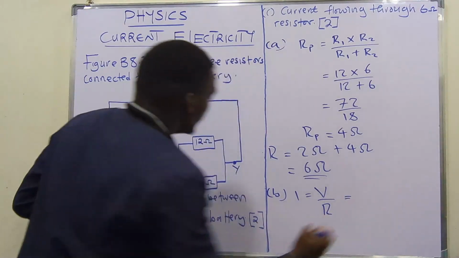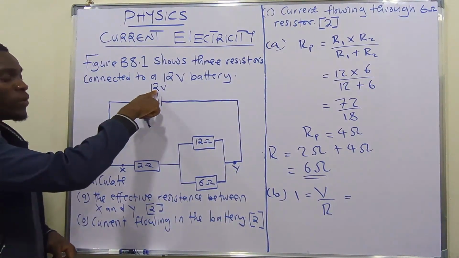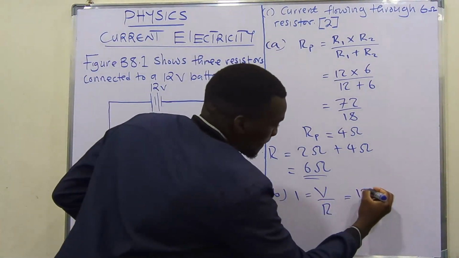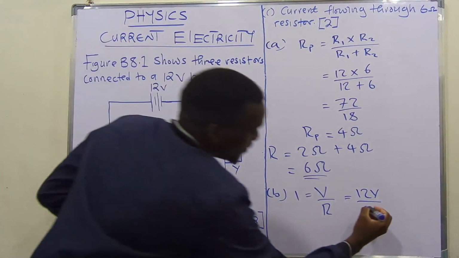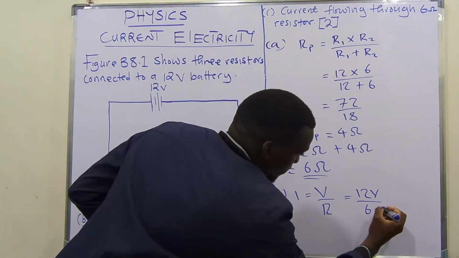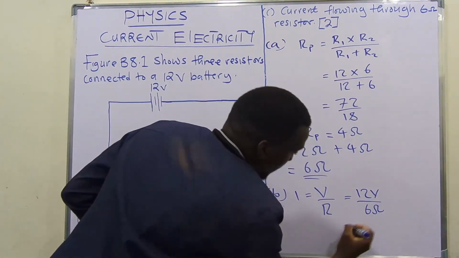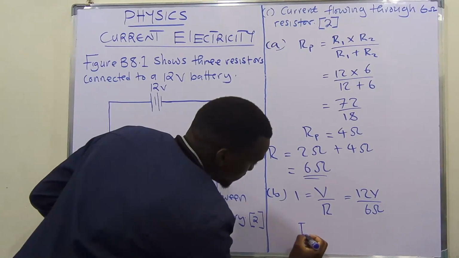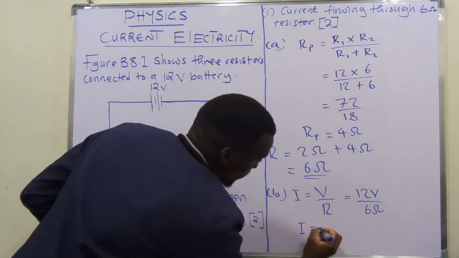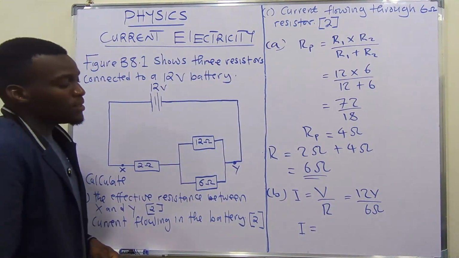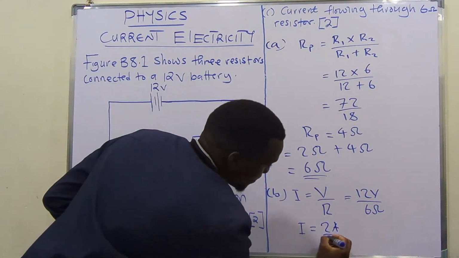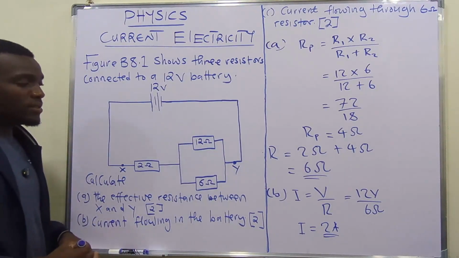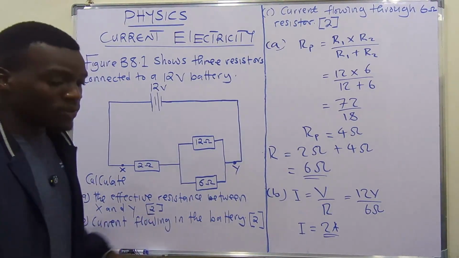And we have the voltage as 12 volts, and we have a resistance as 6 ohms. So here the current, 12 divided by 6 will just give us 2 amps. So that is the current flowing through the battery.